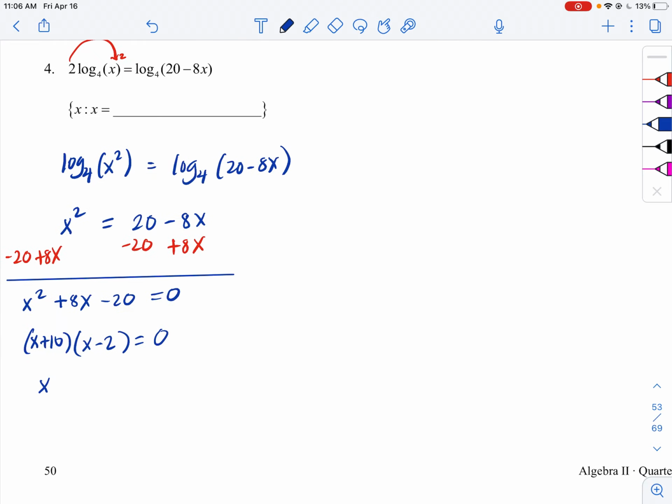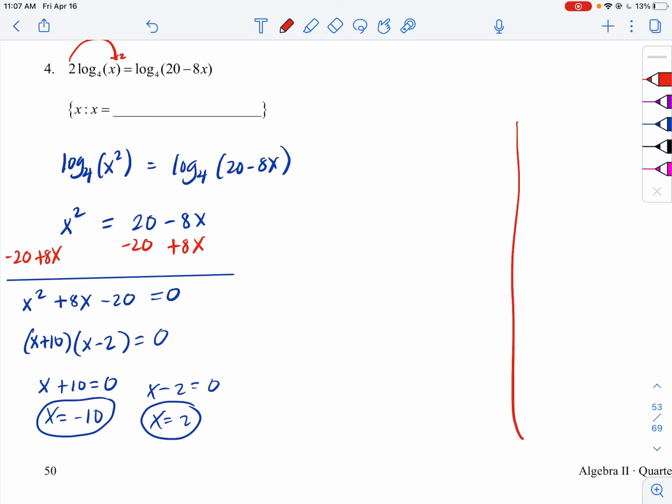So we are looking for x plus 10 equals 0, which is negative 10, and x minus 2 equals 0, which is a positive 2. So we have two values of x, and we need to check because if it is a negative argument, then we are not allowed to put it as a part of our answer.